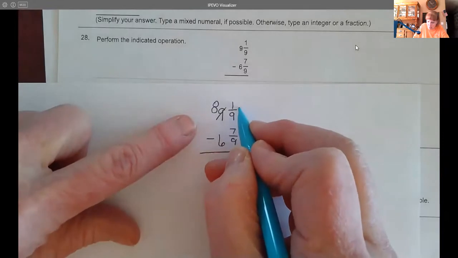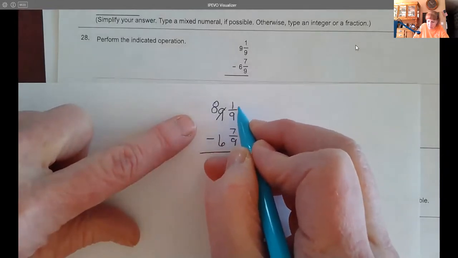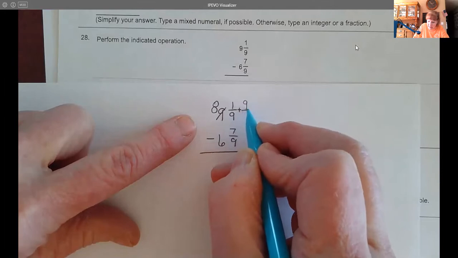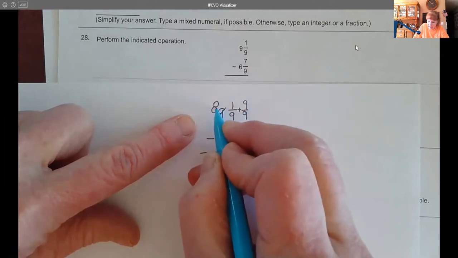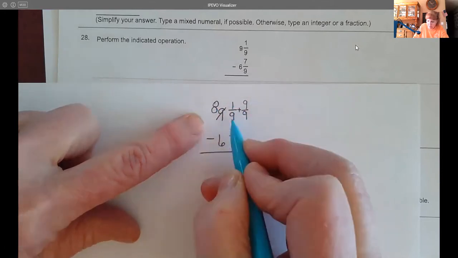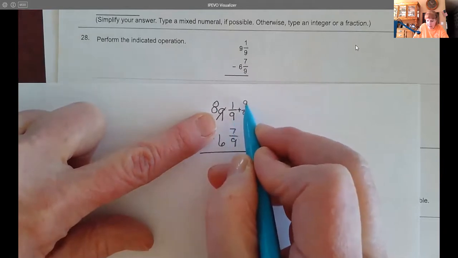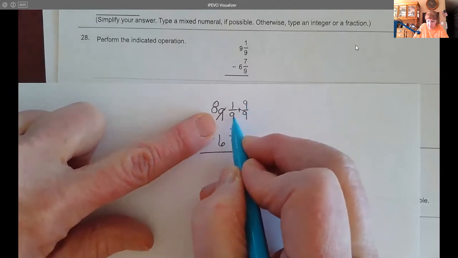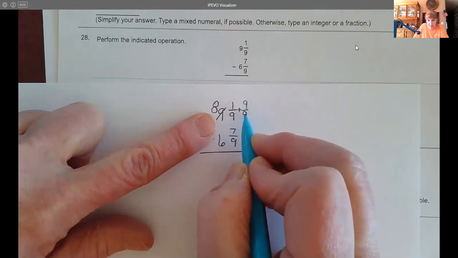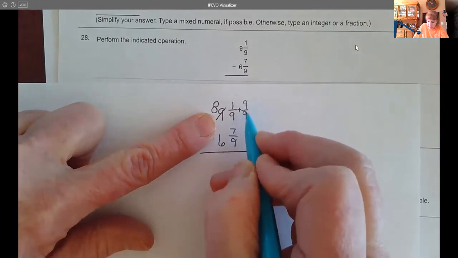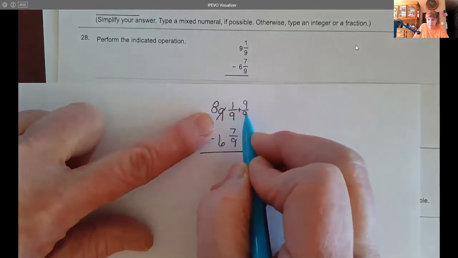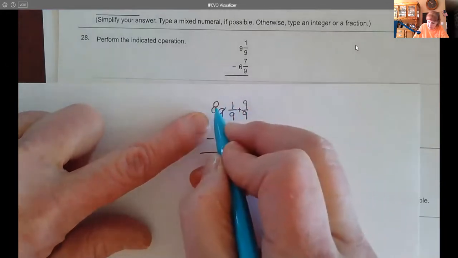So we're going to add 1 to this. Well, rather than write it as a 1, I'm going to write it as 9/9. I'm going to add the 1 to here. If this had been a 7, I would have added 7/7. If this had been an 8, I would have added 8/8. All right. So this represents the 1 that I borrowed. So I have an 8.